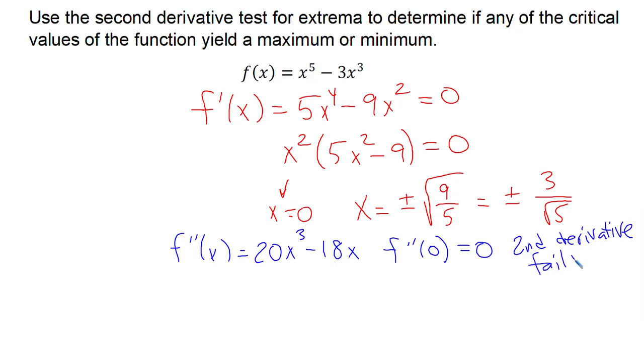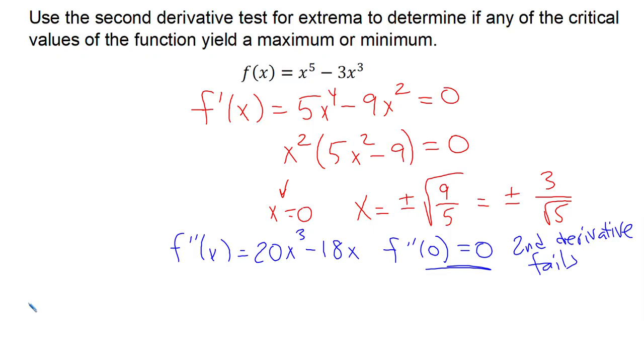It tells us that we actually aren't going to have a max or a min there. We're most likely going to be having a point of inflection there. So we don't need to really worry about that. The second derivative test only works, like I said, at the places where the derivative is 0, but where the second derivative is not equal to 0, and clearly it is here.